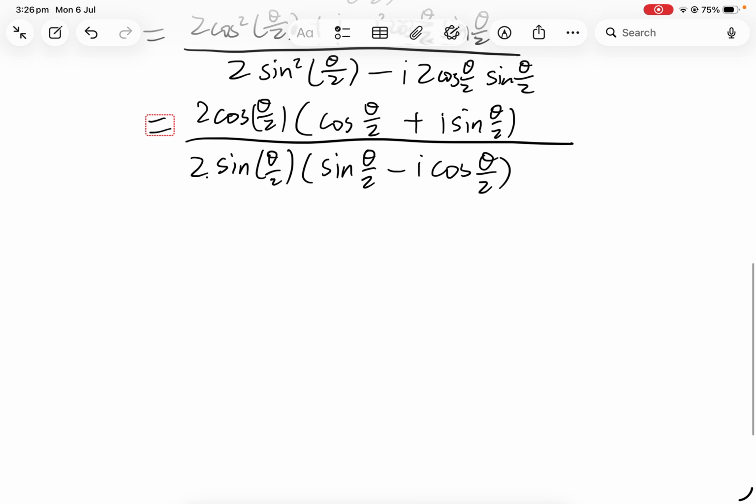The 2's cancel out, so that becomes cotangent, it's just cos over sine.